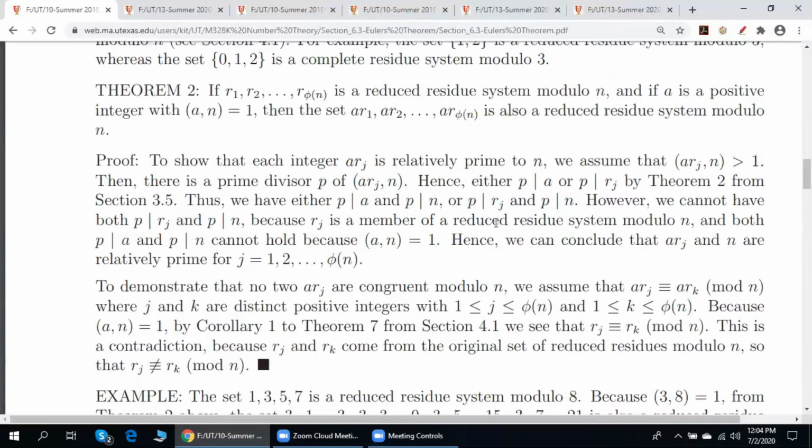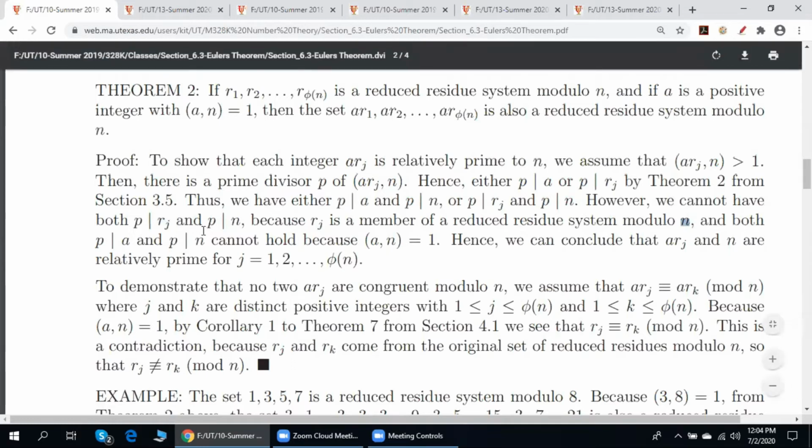Now, we cannot have this because rj is a member of a reduced residue system modulo n, which means rj is relatively prime to n.